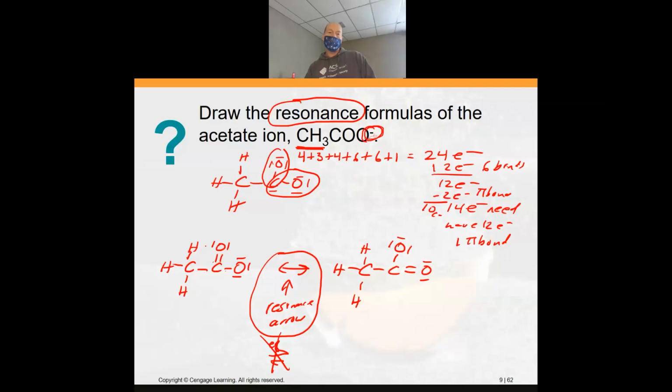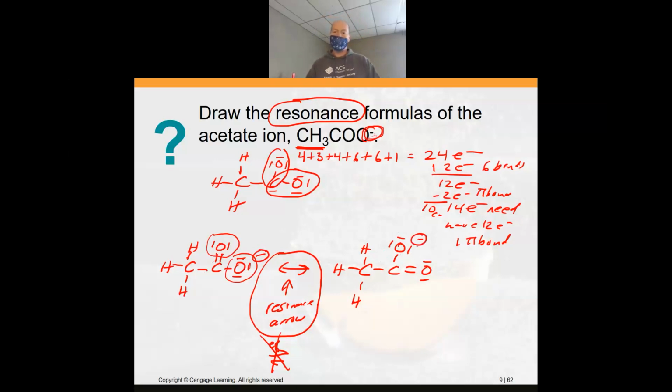Oxygen brought in 6 electrons. Here's 2, 4, and then 5 and 6. This one has brought in the 6 electrons. This one has brought in 2, 4, 6, and 7 electrons. All right, and so that is the oxygen that has the negative formal charge. And over here, this is the one that brought in 7.